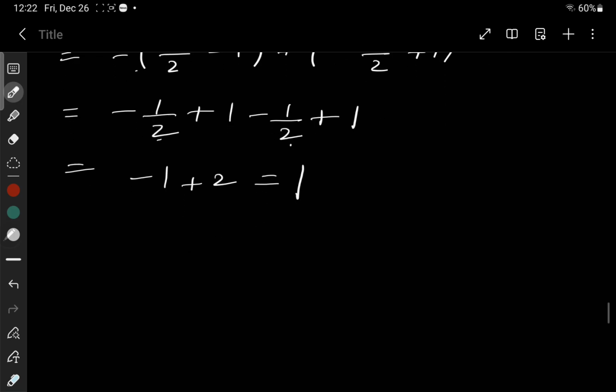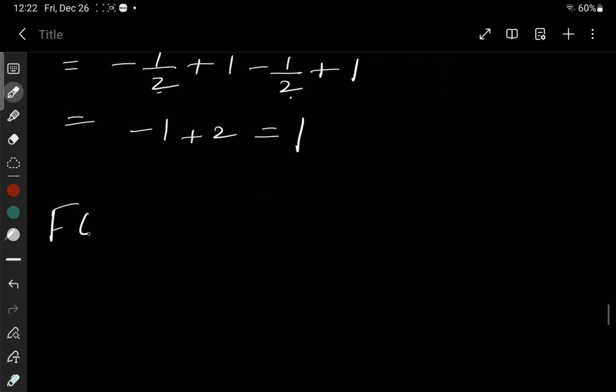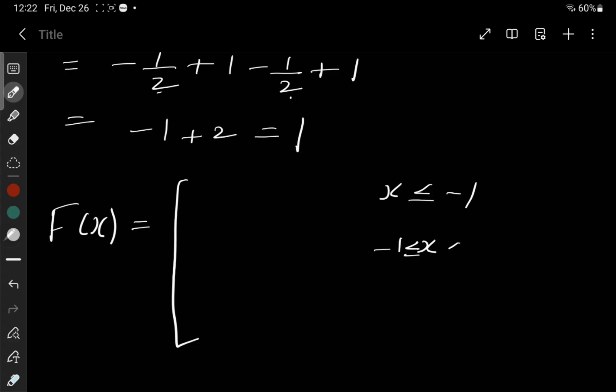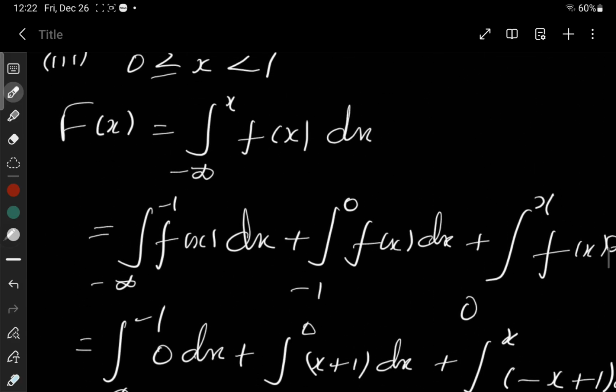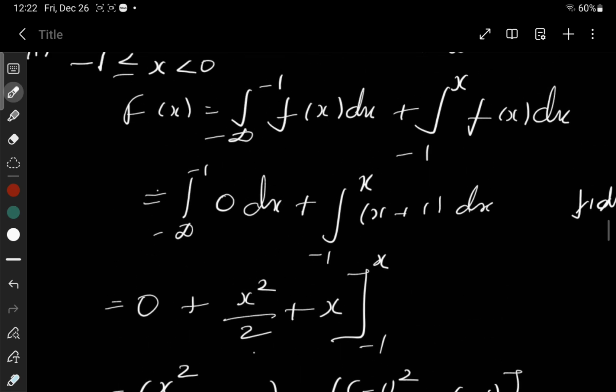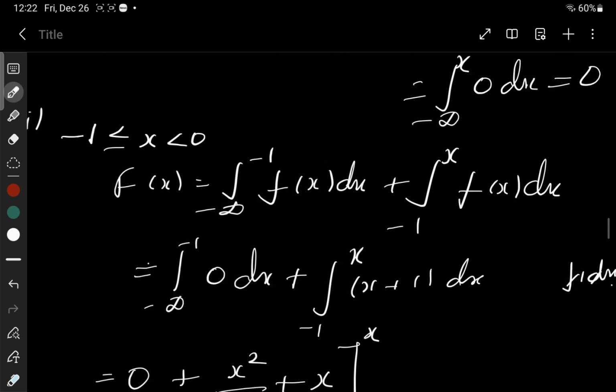That's all. Now we collect the answers and write f of x. We define it for x less than or equal to minus 1, then x between minus 1 and 0, then x between 0 and 1, and x greater than or equal to 1. First case, x less than or equal to minus 1: the answer is 0.